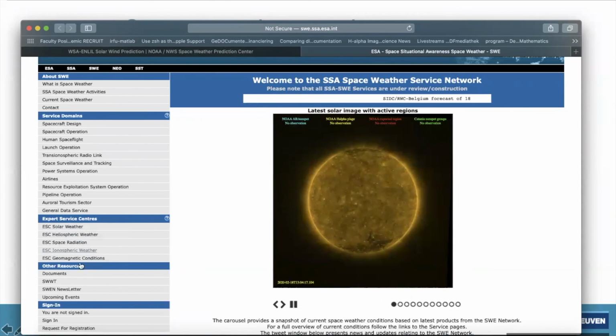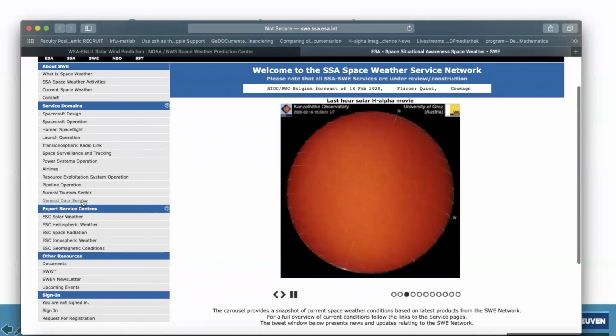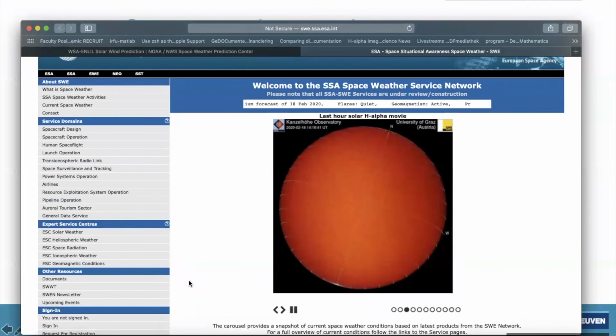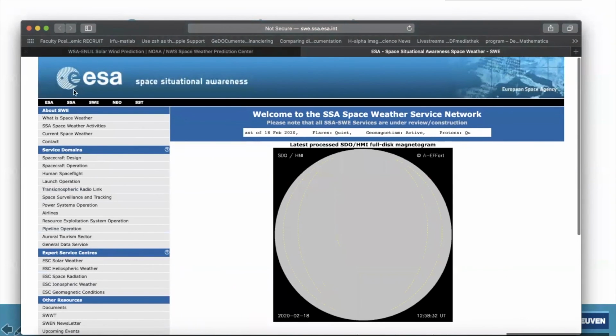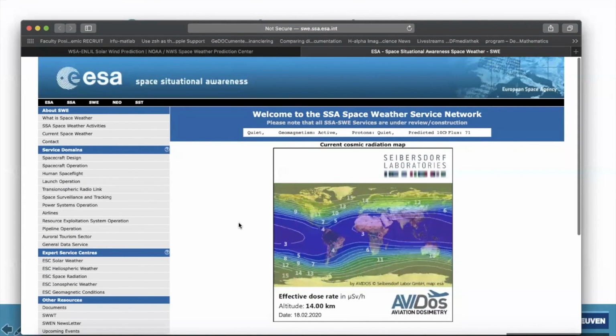So each one of these is a different European country, or not really European, member of ESA, European Space Agency, which includes also Norway, while Norway is not part of the European Union. So this is not the European Union, it is ESA, European Space Agency, that has this, although most of the funding is coming from the European Union, but through ESA.